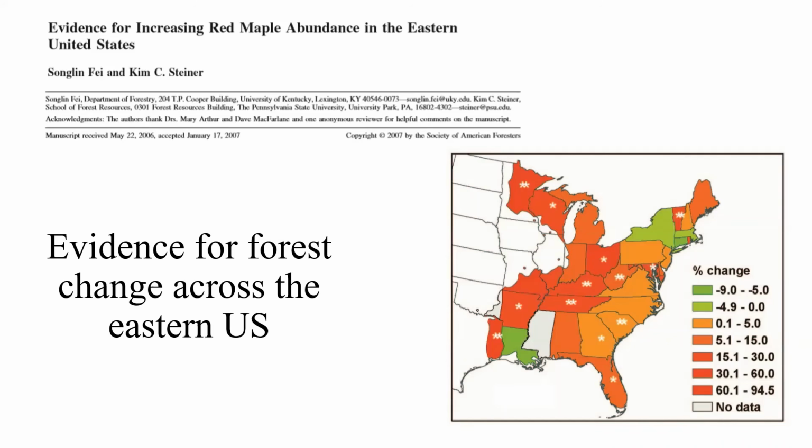No states that they looked at experienced significant decreases in red maple abundance during this period. They also found that red maple density increased in all diameter classes across this region, so it's a pretty consistent trend. The authors conclude that some of the current land use and forest management practices may also be related to this. But in general, we see this large increase in red maple.